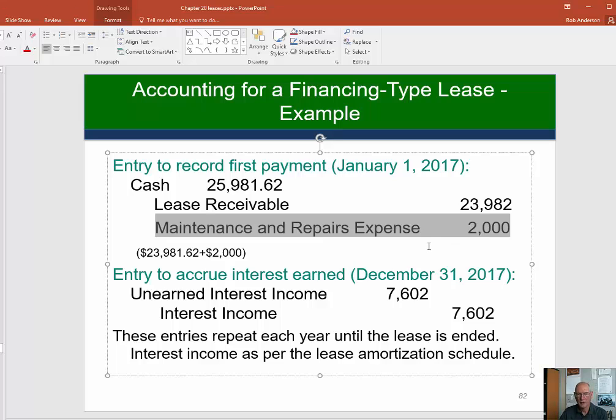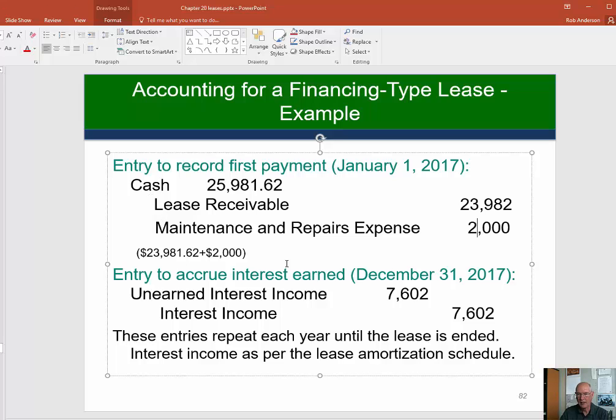So all this is doing is implying that we paid it ourselves already, debited maintenance and repairs expense, and now we're going to credit it so it zeroes out. So that's just kind of a place to put that 2,000. We don't really know how a company might do that. So our lease goes down by $23,982.